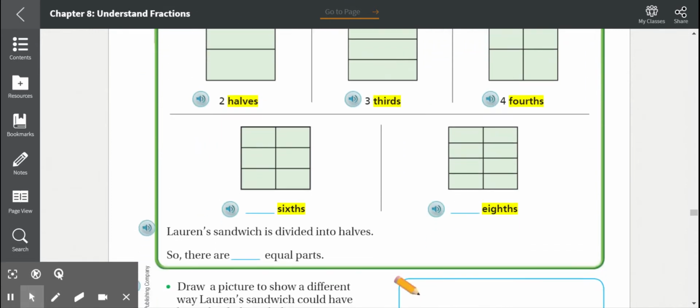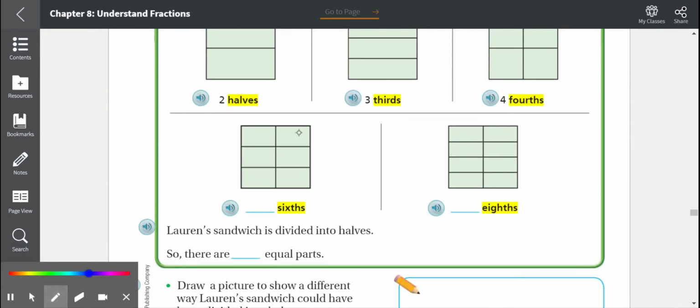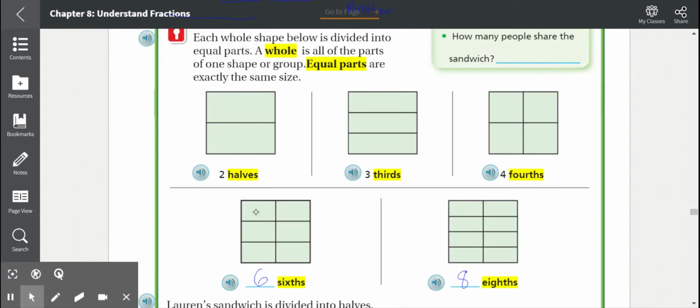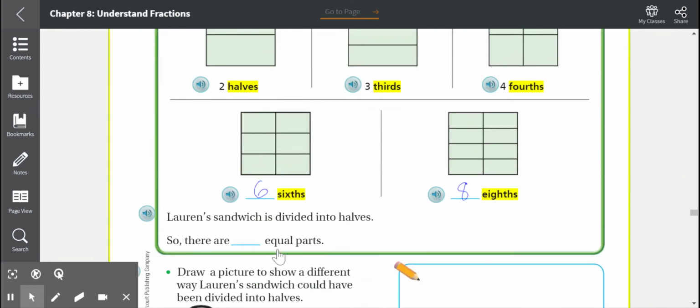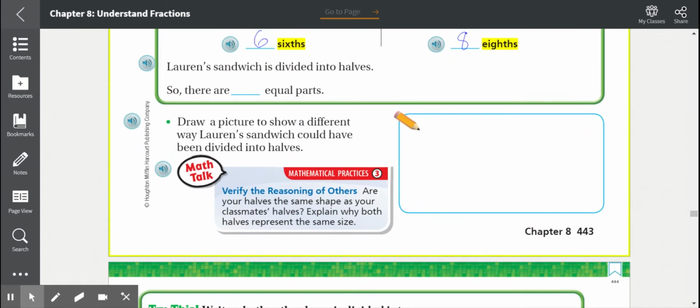When there's 6 equal pieces, we say 6 sixths. And when there's 8 equal pieces, we say 8 eighths. Lauren's sandwich is divided into halves. So how many equal pieces are in the sandwich? 1, 2. If you hear the word halves, you know it's going to be 2 equal parts.